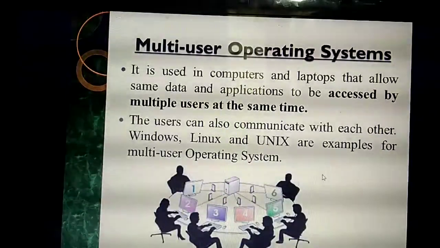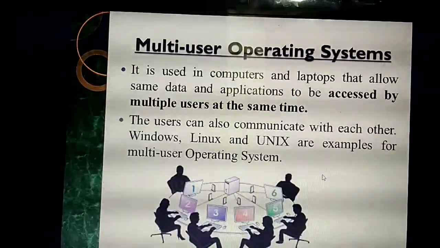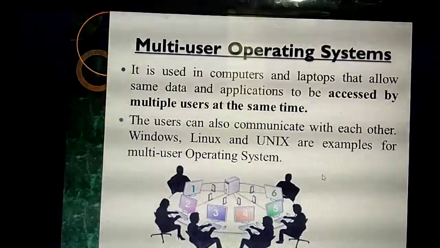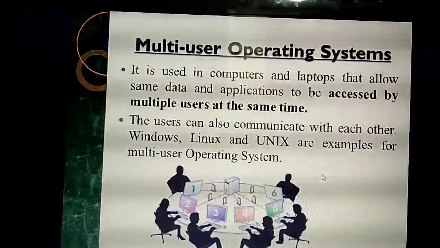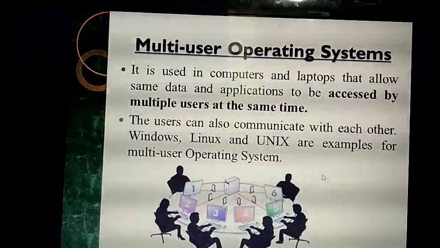If we don't switch on the system on the ground floor, you can't view the video files in your classes. Why? All the video files are stored in one system called the server.